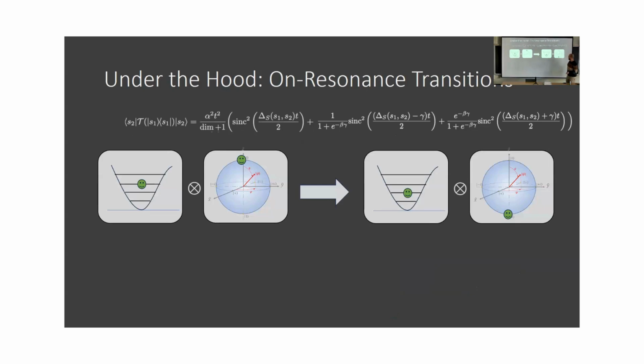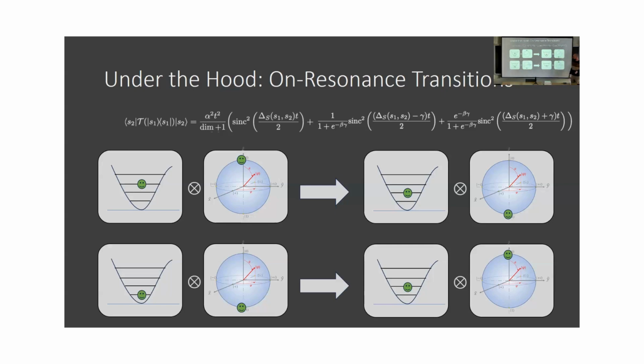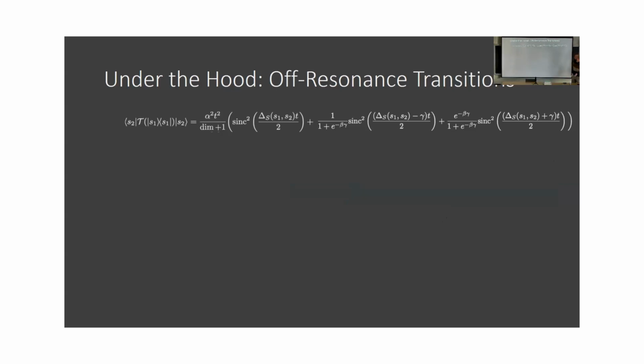So this is an example of an on resonant transition where your system starts at some level, the qubit's in the ground state, the qubit gains the energy, and the system drops in energy. And then a similar thing where your environment is going down in energy. And then the off resonance transitions, like for example this term, this delta S is never going to be 0, unless you're looking at the same state transitions, but we have a special formula for that, so we need these two to be different.